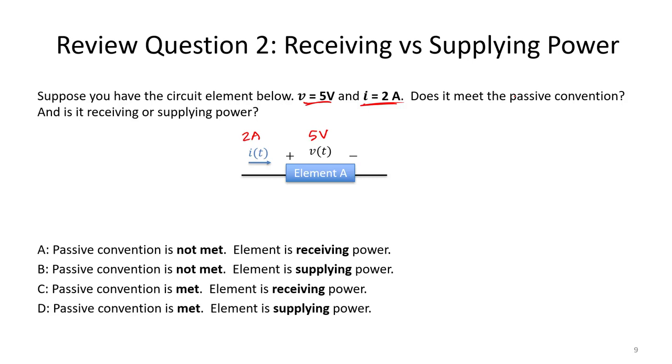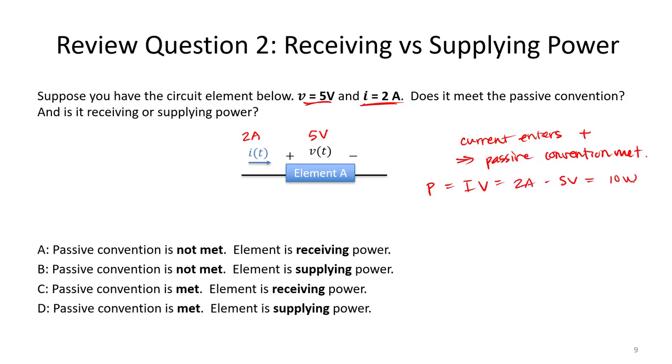So, what did you come up with? Notice that current enters the positive terminal. That means the passive convention is met. And notice that the power is just 2 amps times 5 volts. It's 10 watts. Power is positive.